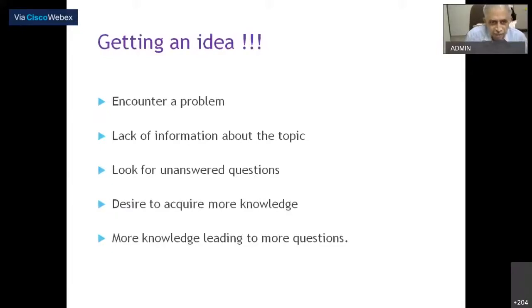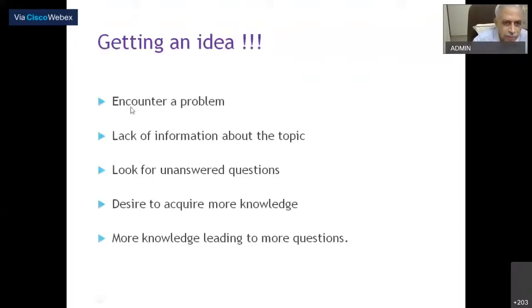As the Dean was telling, you might encounter a problem with COVID, H1N1, HIV, whatever the problem is, or in your day-to-day practice, you may find that the treatment available or the equipment available is not sufficient for care. So you have a problem. Once you have a problem, you should look for information about the topic.